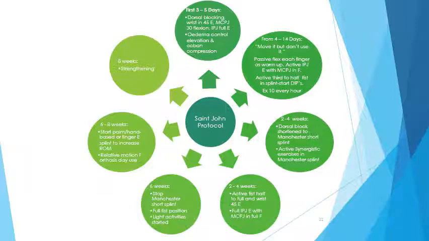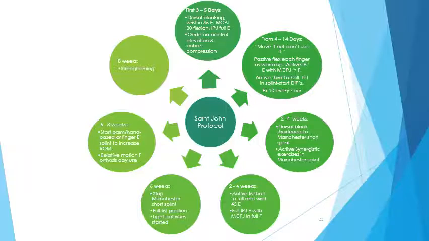Let's go through it. So first, wait up to 3 to 5 days, with a dorsal blocking orthosis with the wrist in 45 degrees extension, MPJs in 30 degrees of flexion, and IPJs in full extension position for the orthosis.